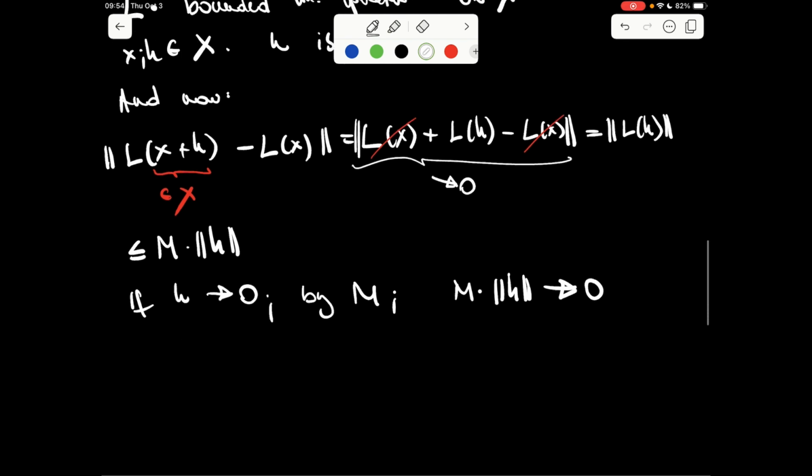So boundedness, by which we mean that M is finite, we can ensure the continuity of the operator. So this is the reason why we say that the boundedness of the integral operator implies continuity.